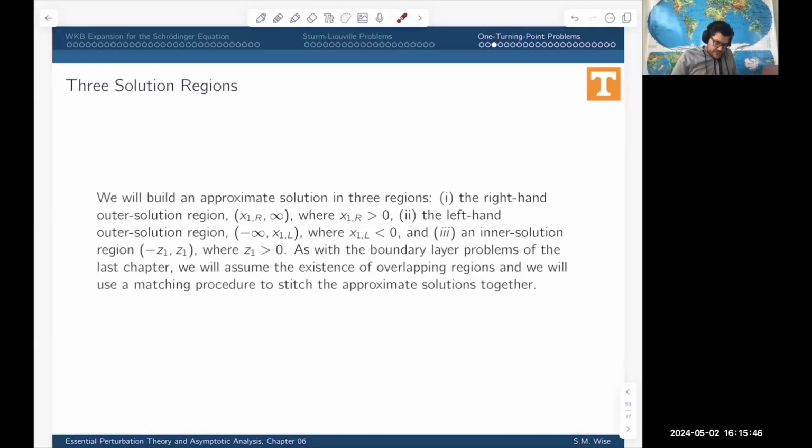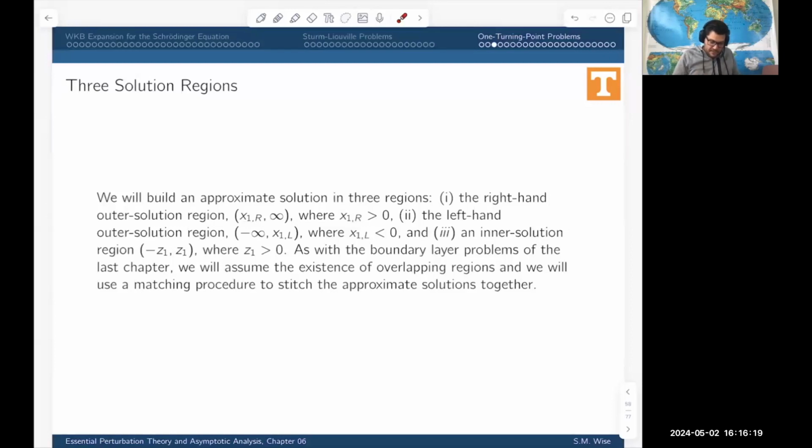Not exactly traditional, but in a sense that you recognize from our previous work. There's going to be a left-hand outer solution region, and on this interval, we're going to assume that Q is strictly negative and bounded away from zero. And then finally, there's going to be an inner solution region with respect to some stretched variable z, just like usual.